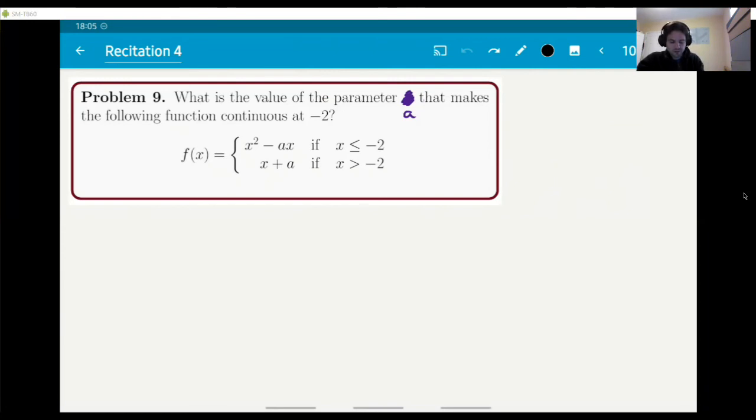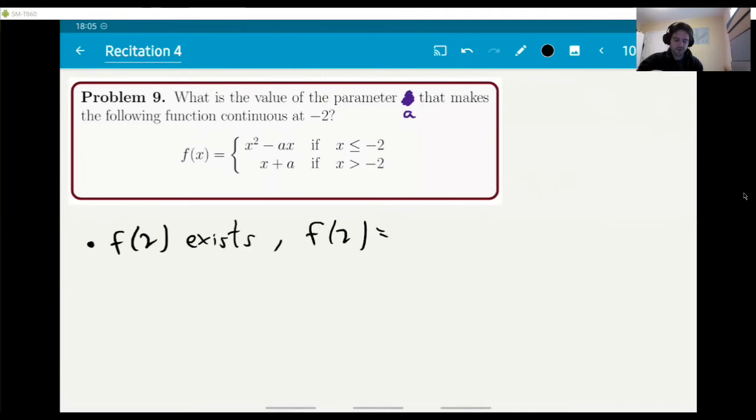Just remember that continuity means three different things that have to be checked. The first two being usually either too easy or already determining the problem. First of all, f of -2 exists. What is that? The function is defined at -2.